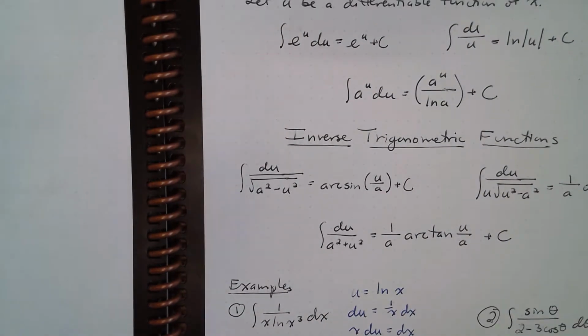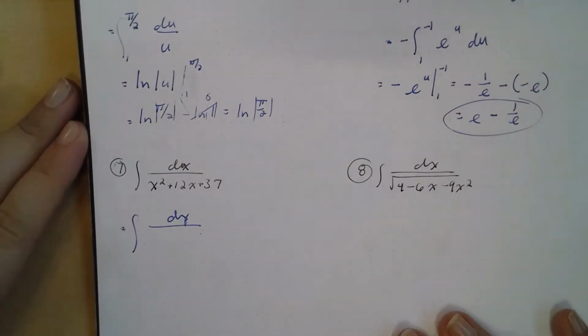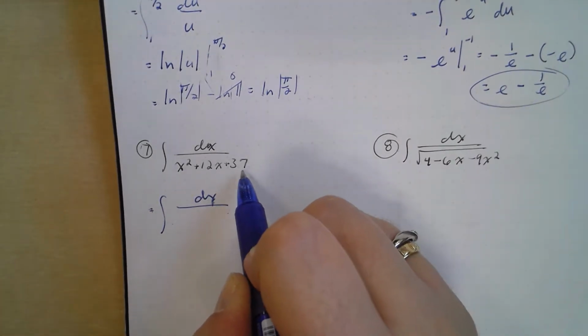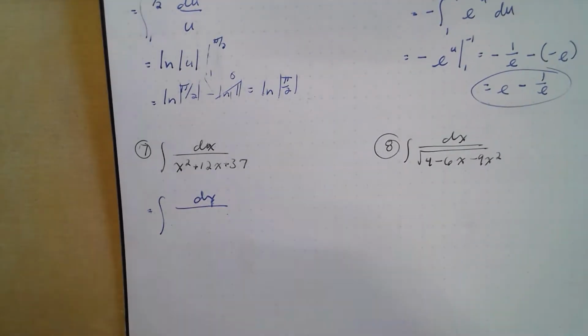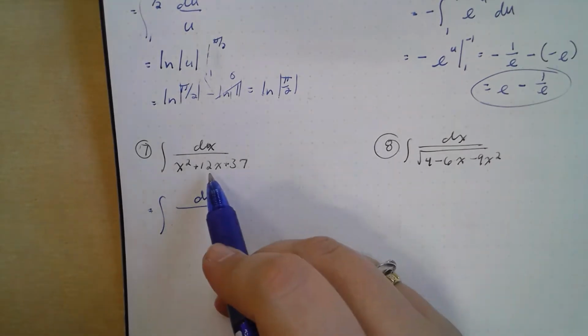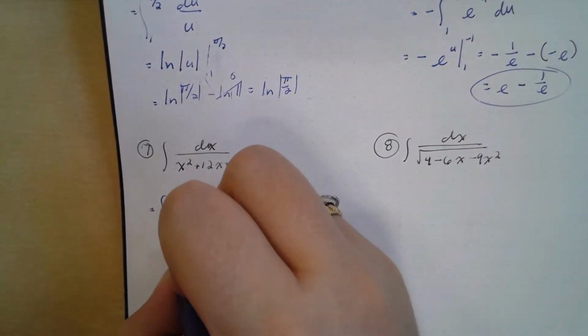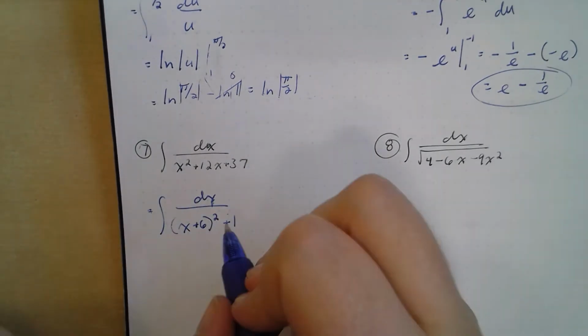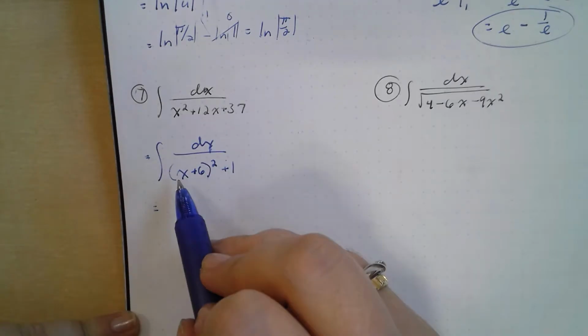We just have to be careful about it. So here, I'm going to rewrite this as, if I've got x squared plus 12x plus 37, I know that the square root of 36 is 6, and so 6 plus 6 is 12. So I'm going to have x plus 6 quantity squared plus 1, right? That makes sense. And I can actually now just integrate this as is.